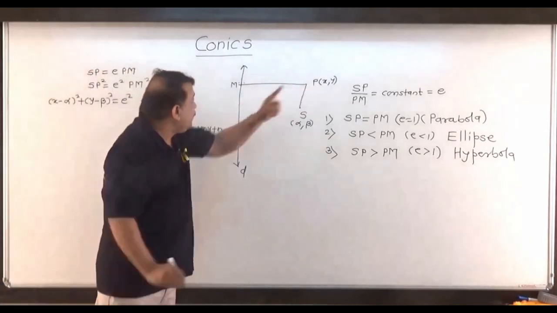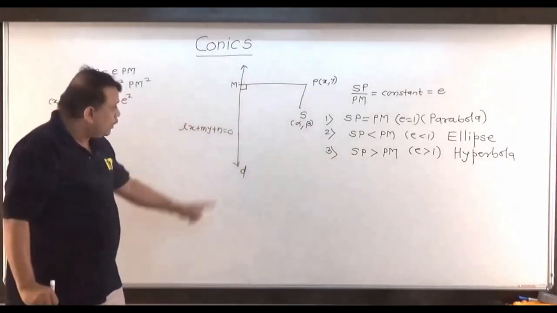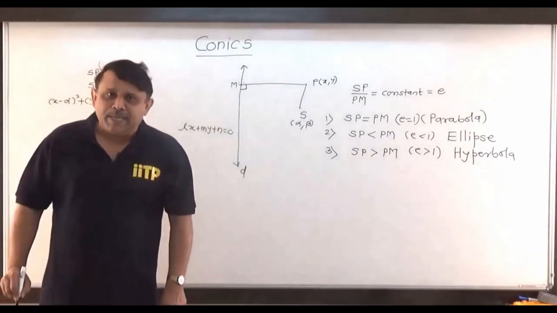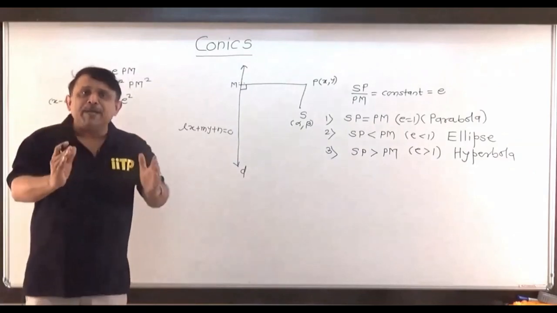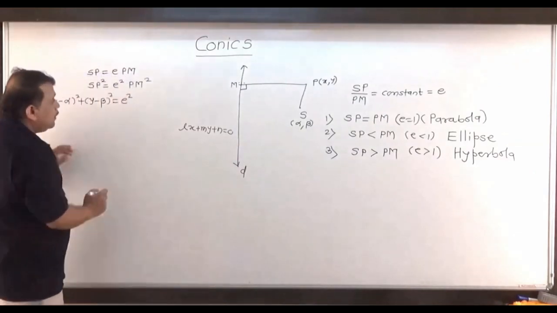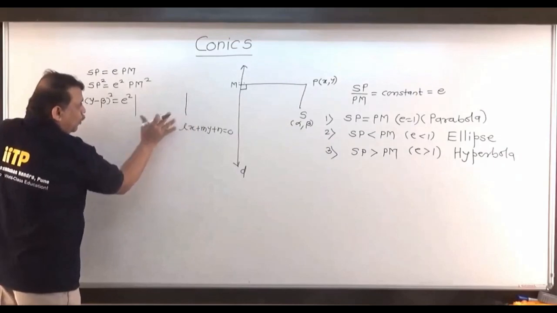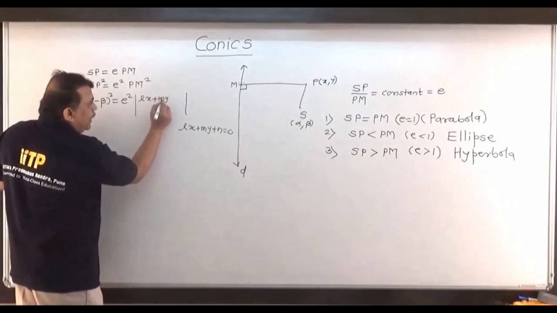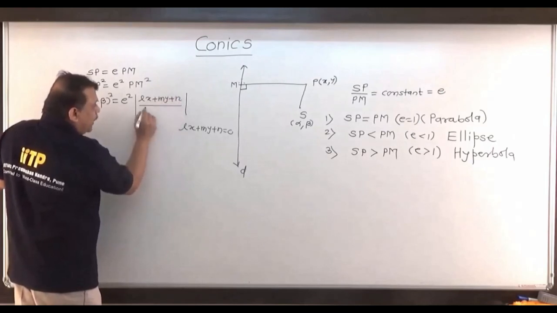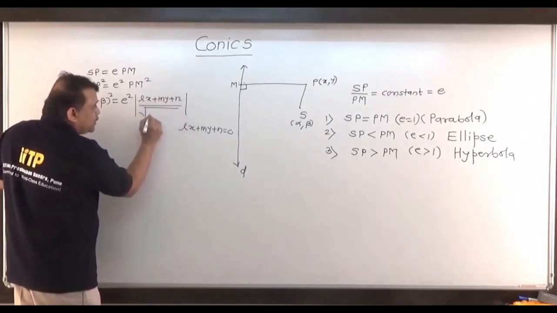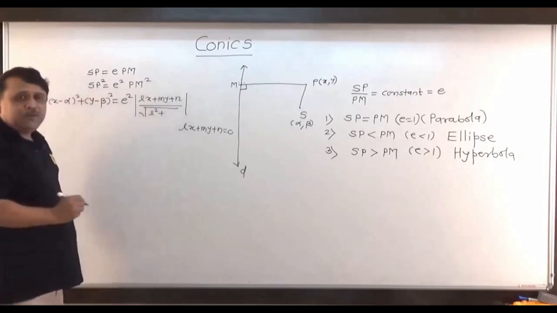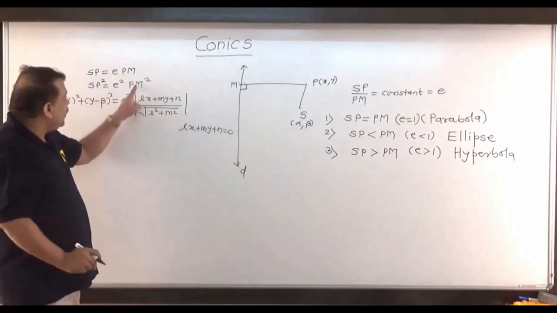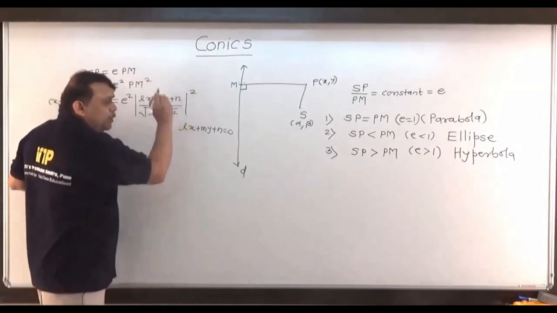Now from this point P, we have dropped the perpendicular on the line D, whose equation is Lx + My + n = 0. By using the perpendicular distance formula, what is it? (Lx + My + n) divided by the square root of (L squared plus M squared), the squares of the coefficients of x and y. This is the distance PM, but we are squaring it, so this becomes PM squared.